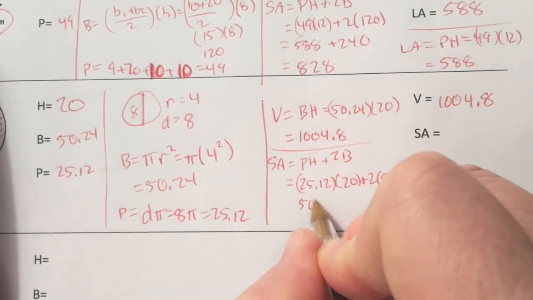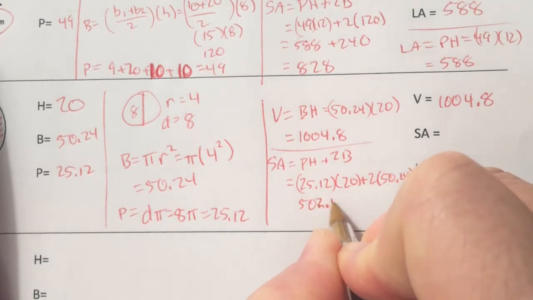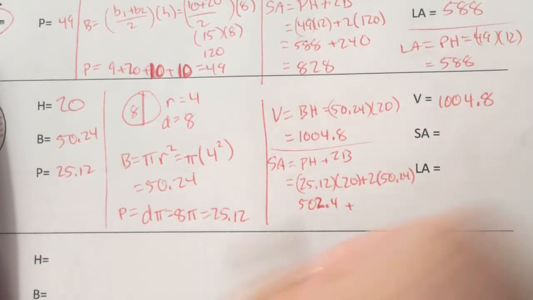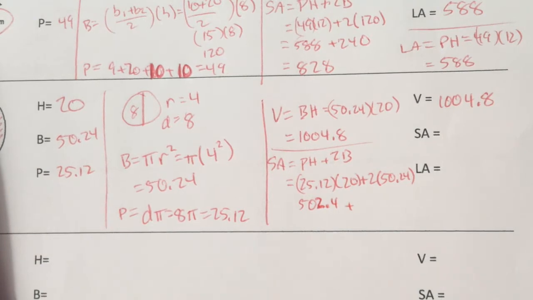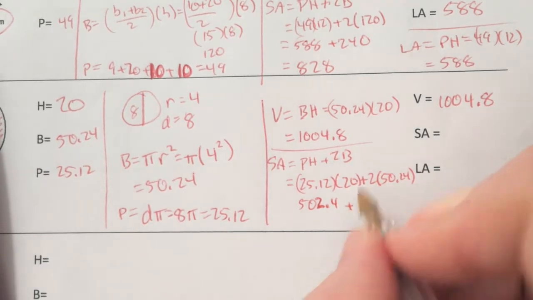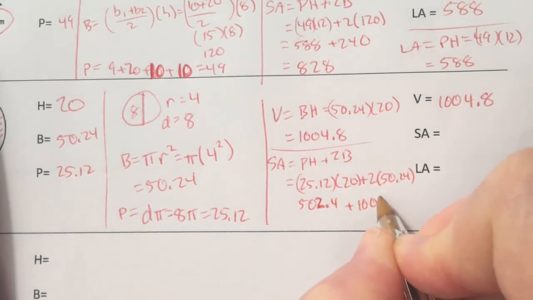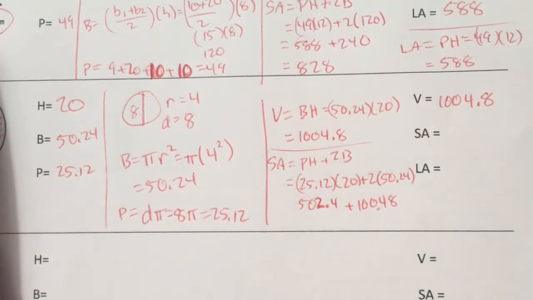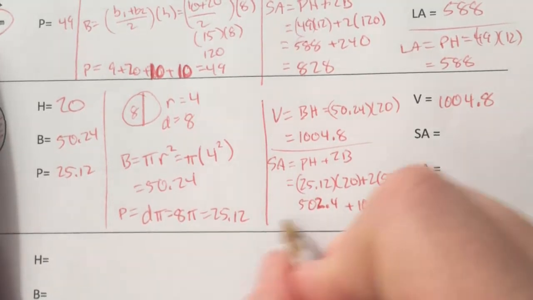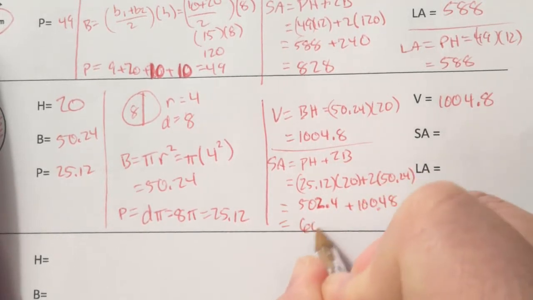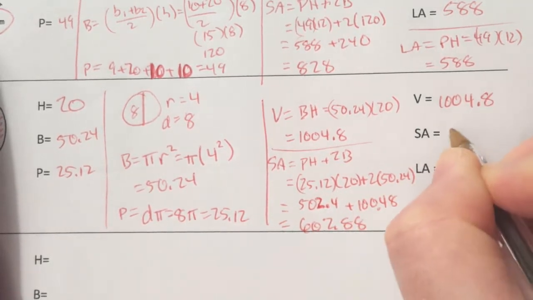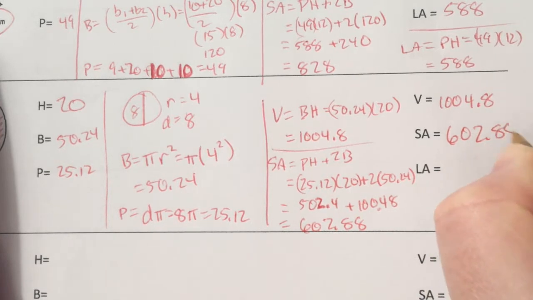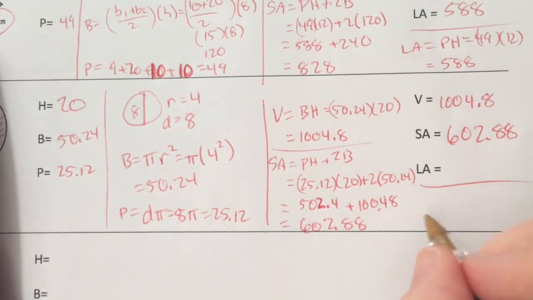We get 502.4 plus 2 times 50.24, get 100.48. Okay, add those two together. You pop out with 602.88. Okay, and then your lateral area.